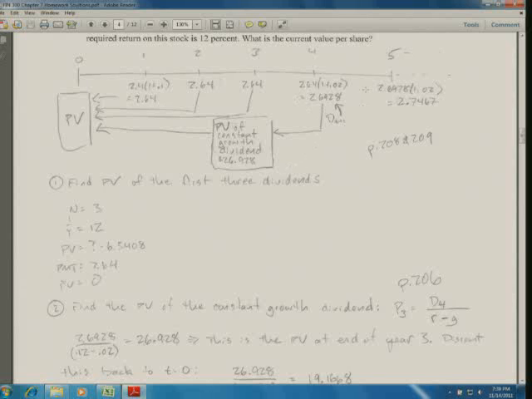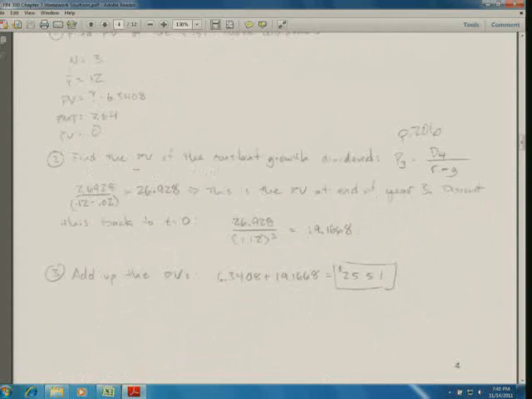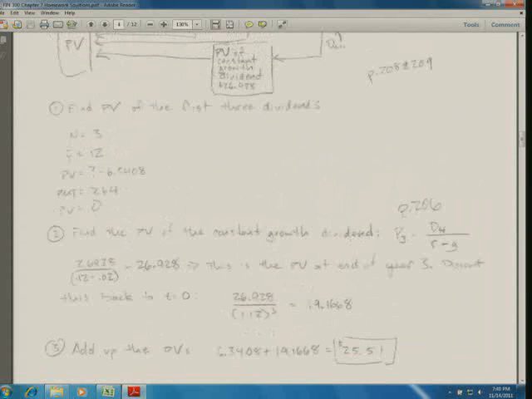So when we apply that formula to time period 4 here, it's going to give us the present value 1 year earlier. It's going to give us the present value as it would be at the end of year 3. So after we find that number, we still have to discount it back 3 years to get it to time period 0, to be able to add all these guys up.